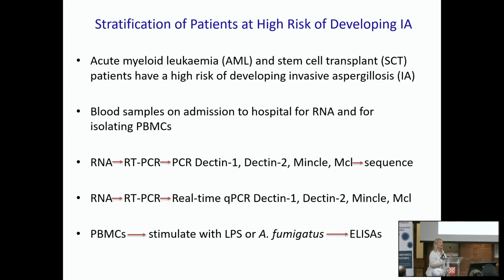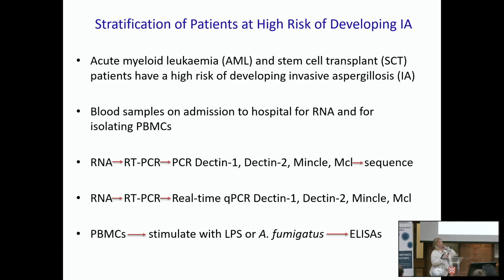And the reason we got samples from them is that both of these patient cohorts have a high risk of developing invasive aspergillosis. So we did this at the Heath Hospital in Cardiff, and there they don't prophylactically treat hematology patients with antifungal drugs. So there's about a 27% risk of them developing invasive aspergillosis.